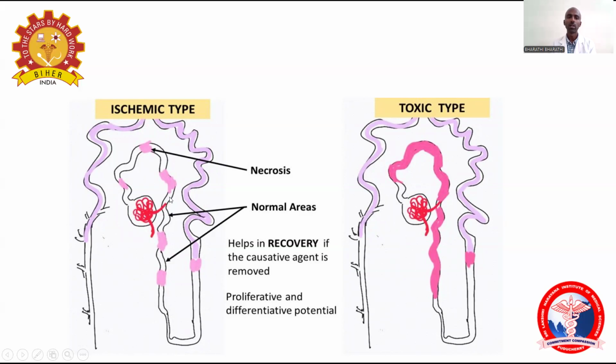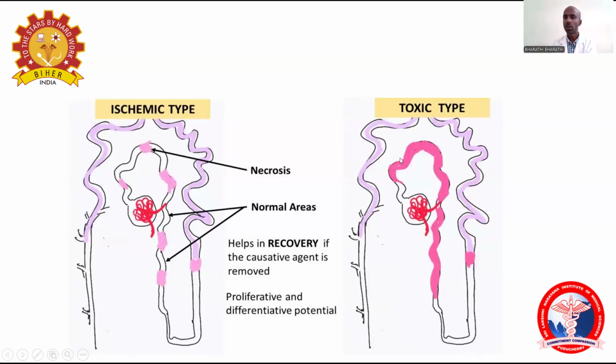These normal areas will later help in healing the necrotic areas and result in the regaining of the normal functions of the tubules, once the offending agent, the causative agent, is removed. So this helps in recovery if the causative agent is removed, and the proliferative and differentiating potential of these cells helps in the healing process.